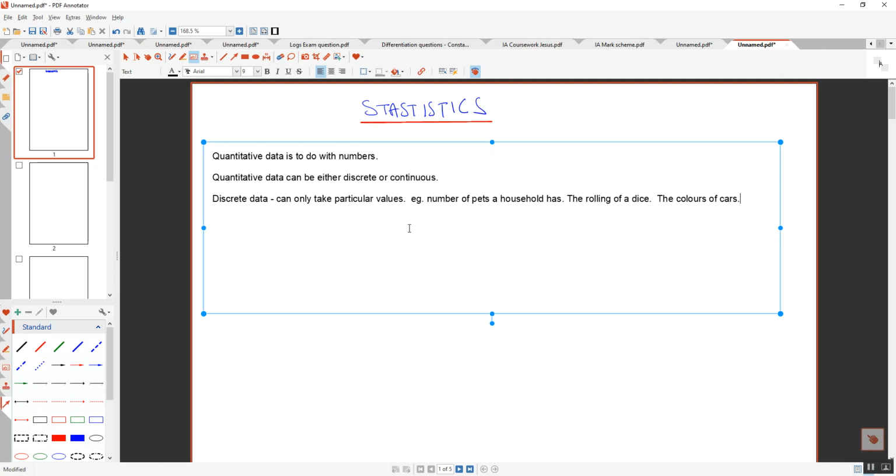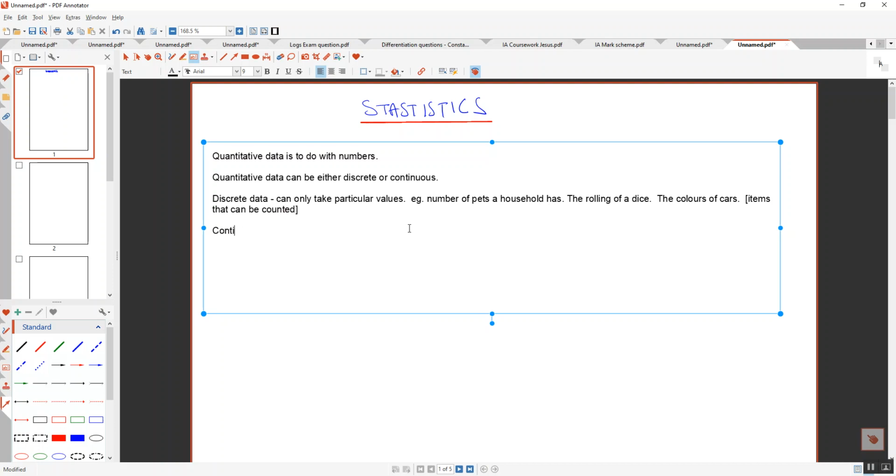The good way that I like to think about this, because sometimes I get confused, surprisingly. Discrete data is items that can be counted, okay? So if you can count it, it's discrete.